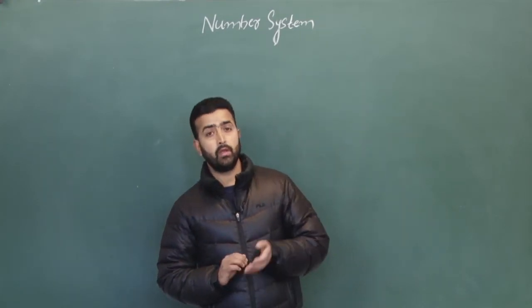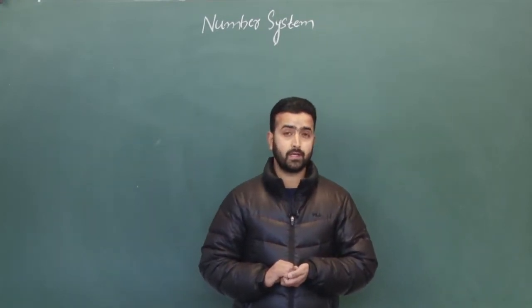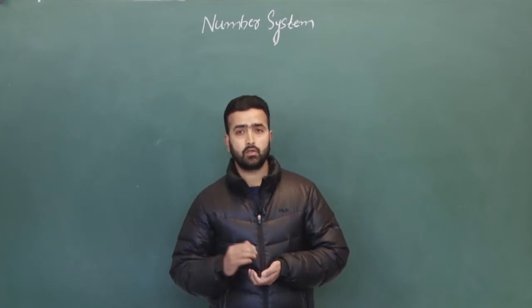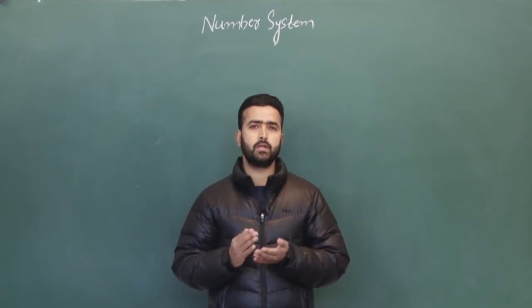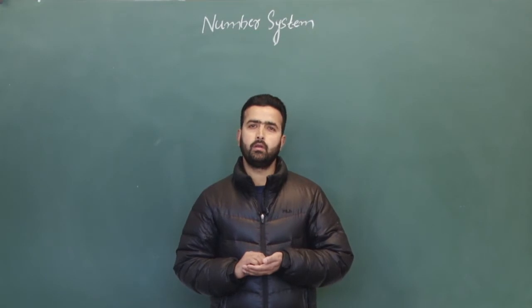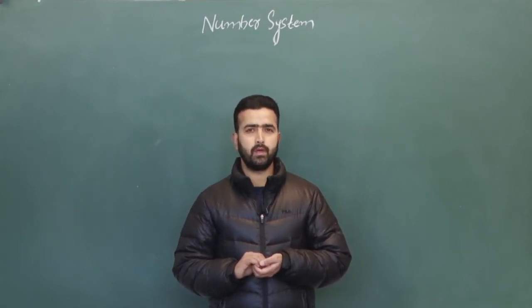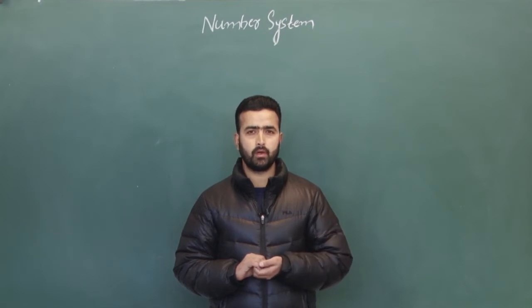And in the previous exercises we learned how we can represent the non-terminating repeating numbers in the form p by q as well. That was the important part of the topic as well.